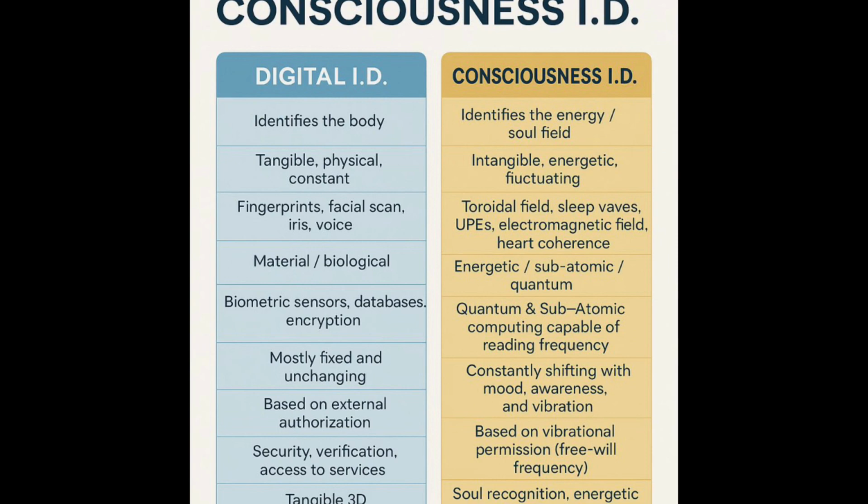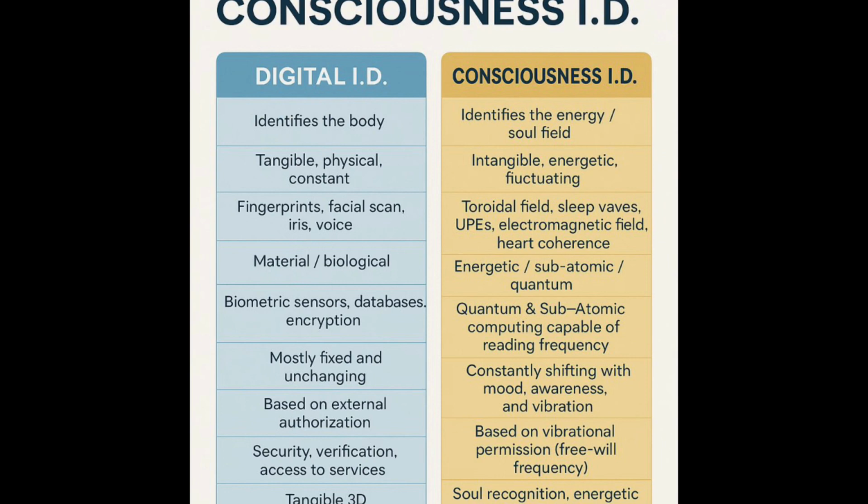And it can use something called the toroidal field, your sleep waves, your UPEs, which I'm going to look at in a moment, which stands for ultra-weak photon emissions, your electromagnetic field, and your heart coherence. It's based on energetic, subatomic, and quantum, and uses quantum and subatomic computing, which is capable of reading frequency.